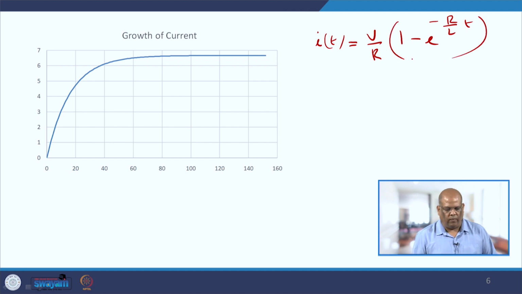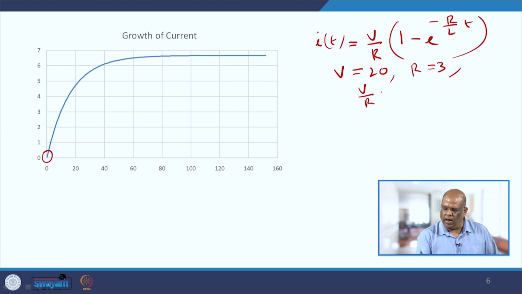While solving the equation using Microsoft Excel, we have taken the value of V to be 20, the value of R to be 3, and the initial condition, obviously, I equal to 0. If I calculate V by R, it is 20 by 3, which is approximately 6.667.